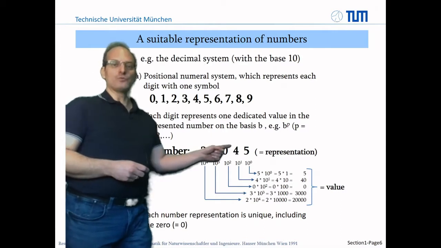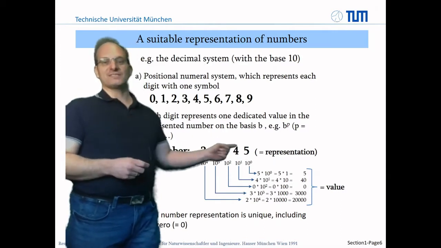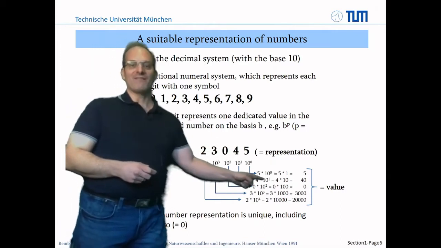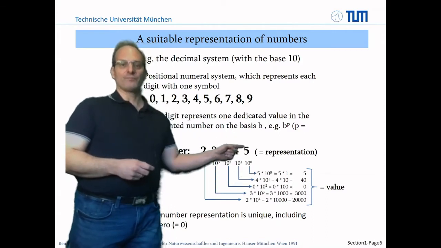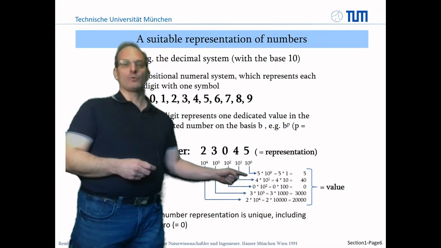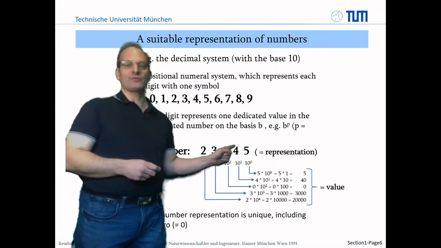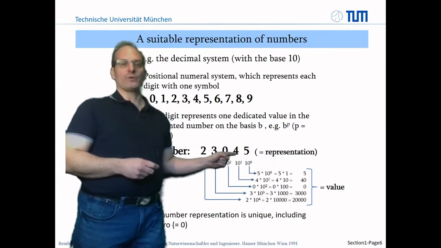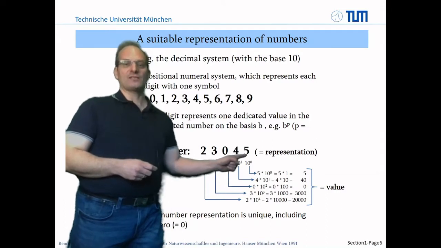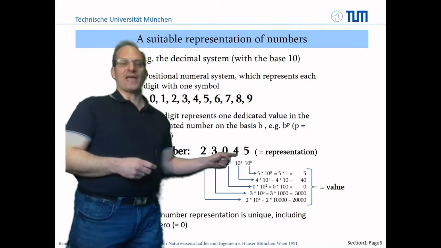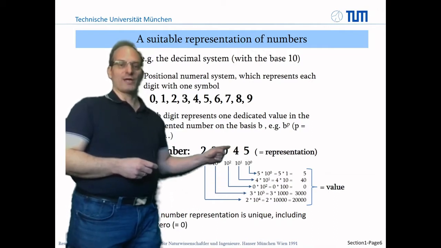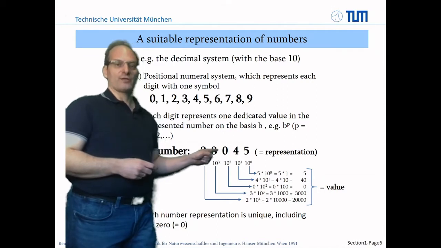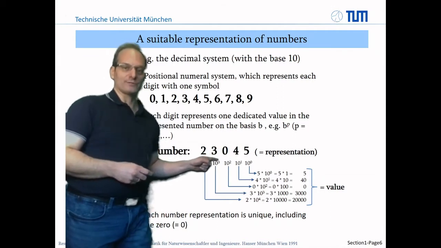If you want to convert this representation to a value, you have to take this number and multiply it with 1. Then you take this number and multiply it with 10. Then you take the result and add it to this result. So, for example, 5 plus 40 plus 0 plus 3000, and so on.